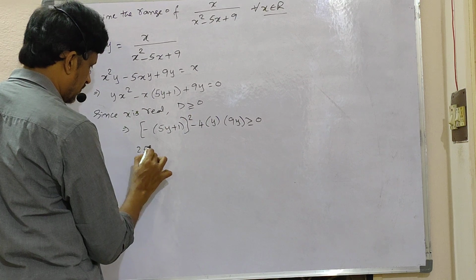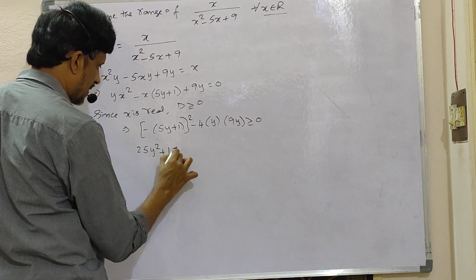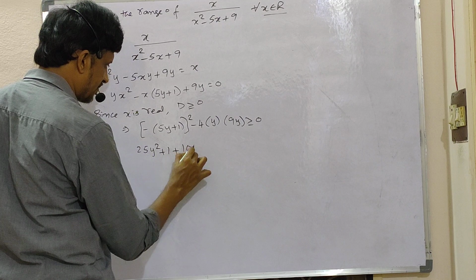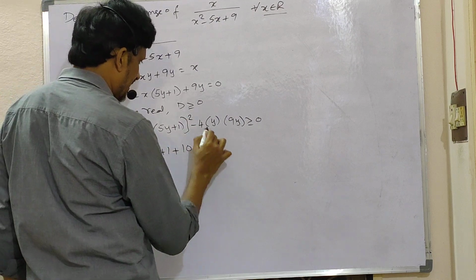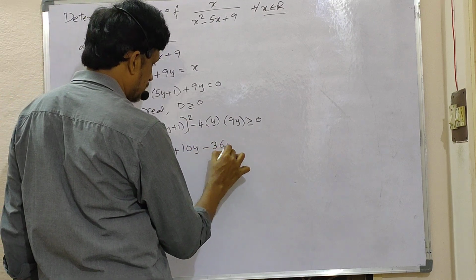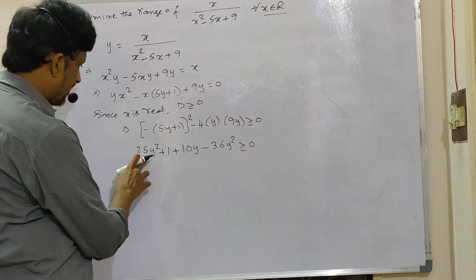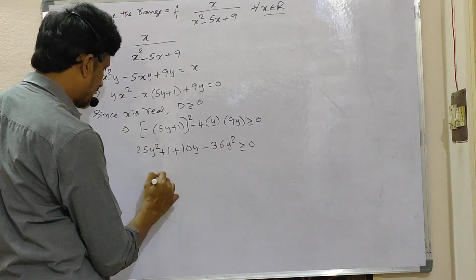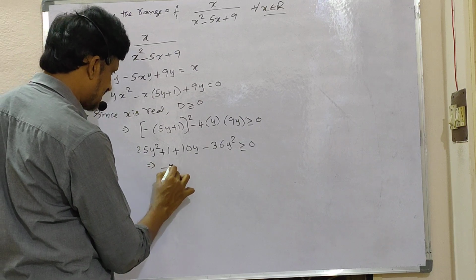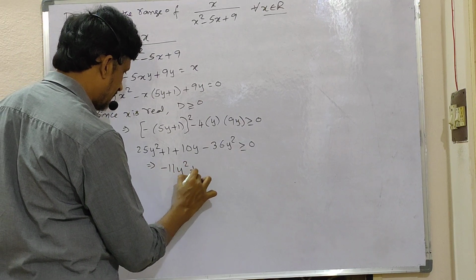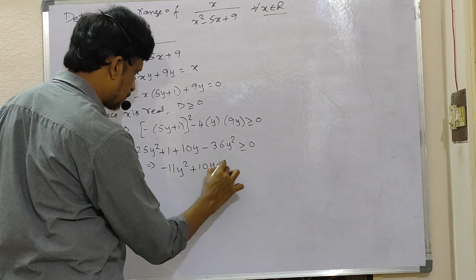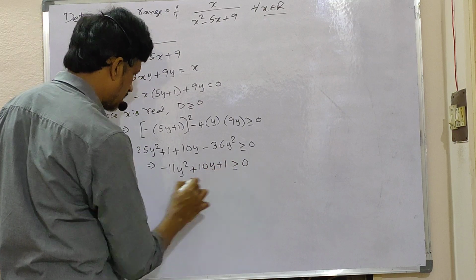So this will be 25y square plus 1 plus 2 into 5y, that is 10y, minus 4 into 9, that is 36y square, is greater than or equal to 0. 25y square minus 36y square gives minus 11y square plus 10y plus 1 is greater than or equal to 0.